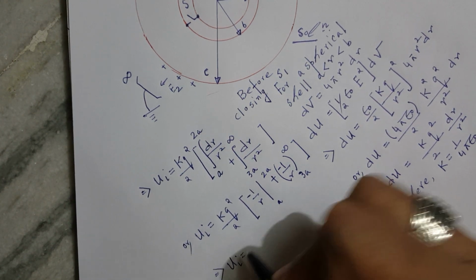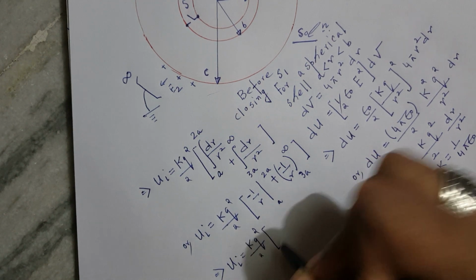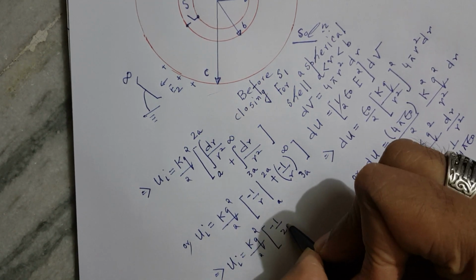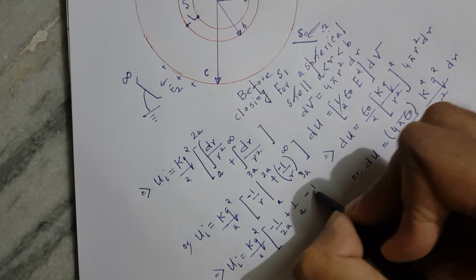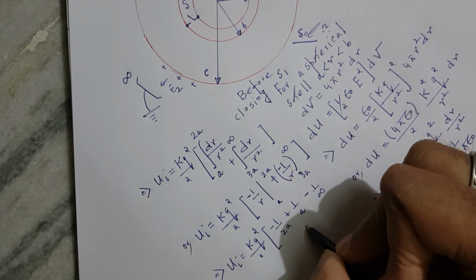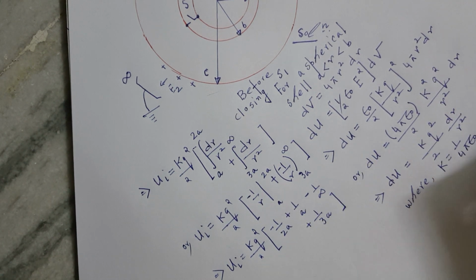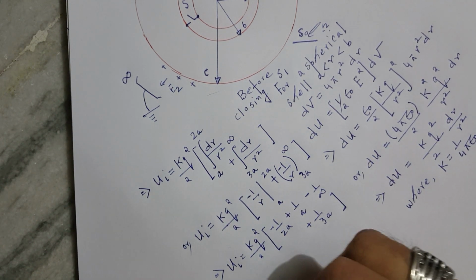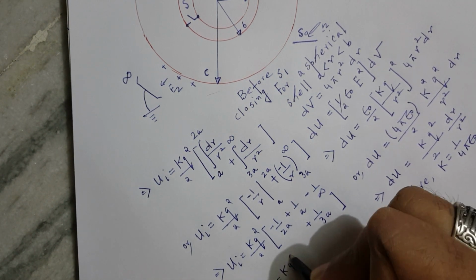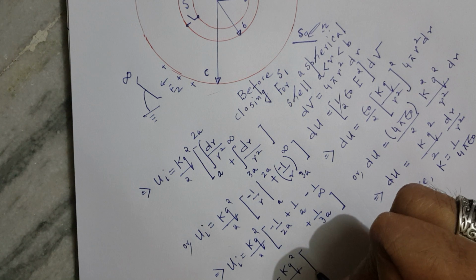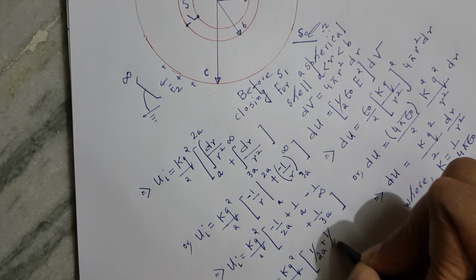So Ui equals k q square by 2 into minus 1 by 2a plus 1 by a minus 1 by infinity plus 1 by 3a. Okay. So Ui equals k q square by 2, and here you are getting 1 by 2a plus 1 by 3a.